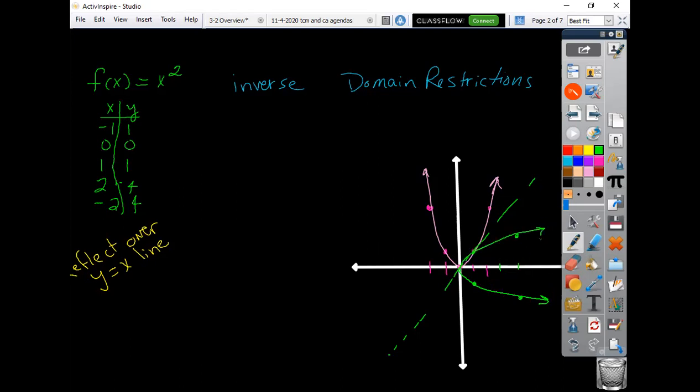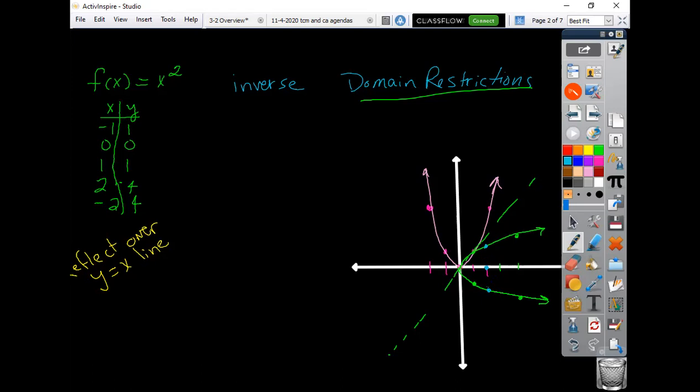Now the comment over here about the domain restrictions is the fact that if you have an x, like right here, this 2, and it has 2 different y values there, that's not a function. You can't do that because in a function, if you tell me an x, I have to know it only has one y, so there's no confusion of what's involved.